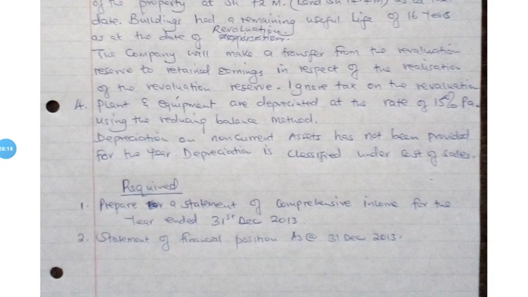With the reducing balance method, you get the cost as per the trial balance, less accumulated depreciation to get net book value. The net book value times 15% is how we get depreciation per annum. So 15% of the net book value.